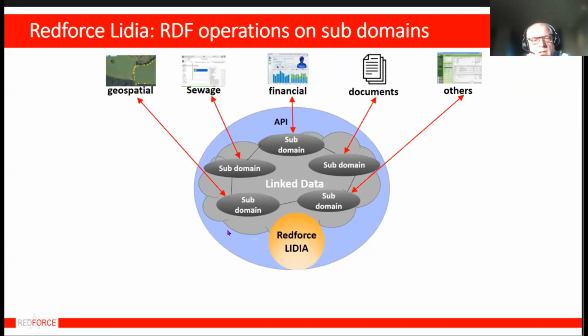With SPARQL, you can make queries which go over all these subdomains and retrieve the data. And there is also GeoSPARQL, which extends, in fact, the SPARQL. And there you can also have geo-related options in a SPARQL query, like what's inside a particular area.